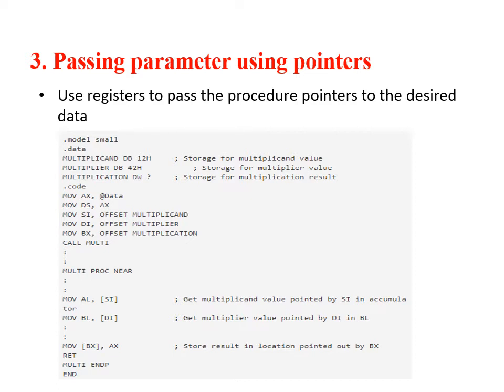That means you enclose the SI register within square brackets, which indicates that the value within SI is not the data but an address. It will go to that address, fetch the data from there, and move it to AL. Now the value within AL is the value of multiplicand, which in this example is 12H.